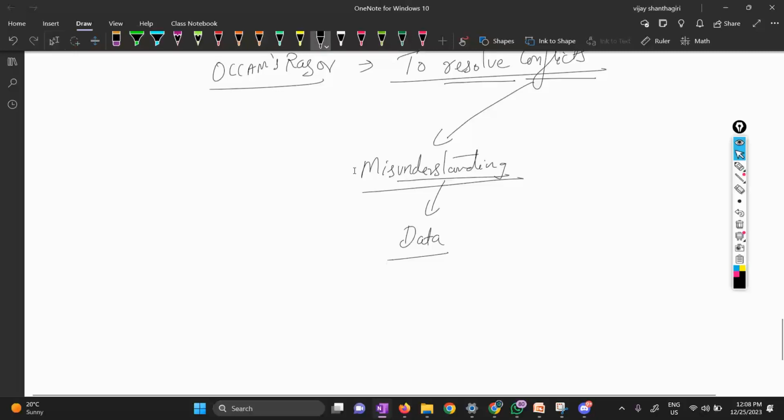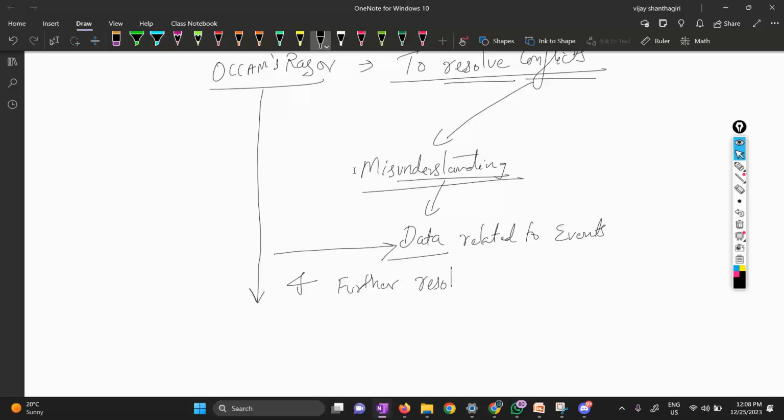So this principle of Occam's razor used to ingest the data related to events and further resolve the misunderstanding.